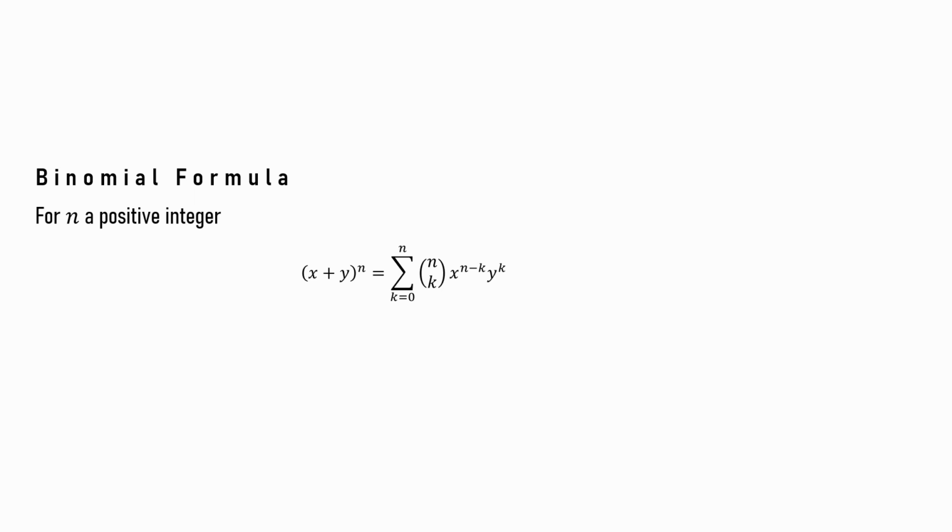So, kung gaano natin kadami pwedeng pumili ng number of k terms mula sa n. So, NCK or NCR sa calculator. So, and then x raised to n minus k, y raised to k, from k is equal to 0 hanggang n.